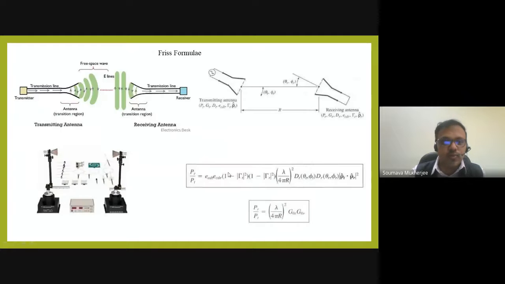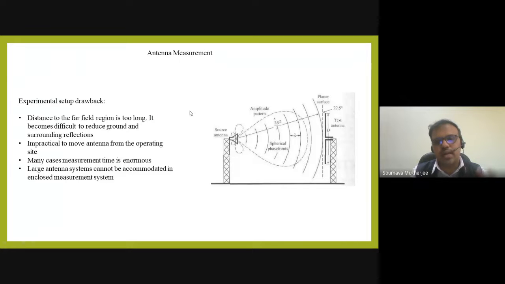For example, here we are assuming that whatever is radiating is only coming here. But if there is a reflector here and here and here, that will also reflect something, and that will also come here. So whatever you are measuring at the receiver may not be only due to this, maybe reflection due to this also. So that is another issue. Similar things are there, multiple issues can be there.